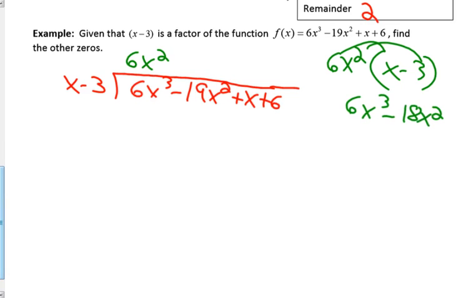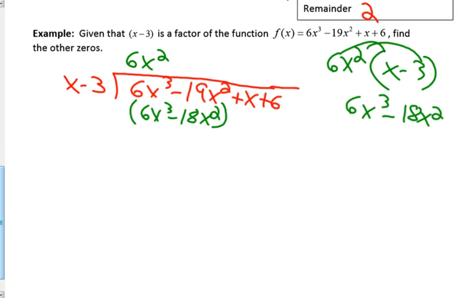So I'm going to write down here 6x cubed minus 18x squared. This is where I got the 18.